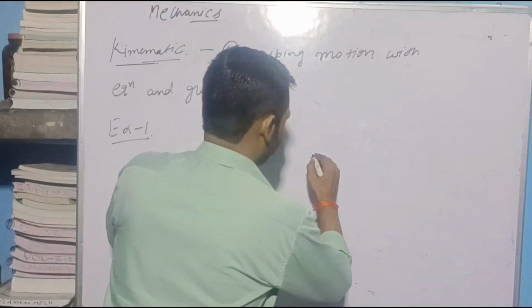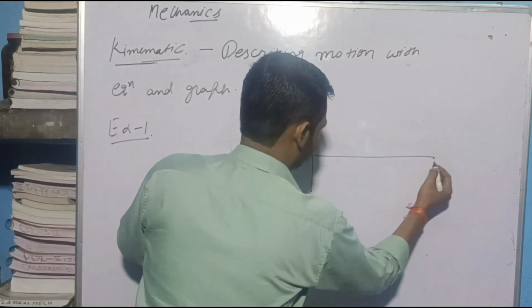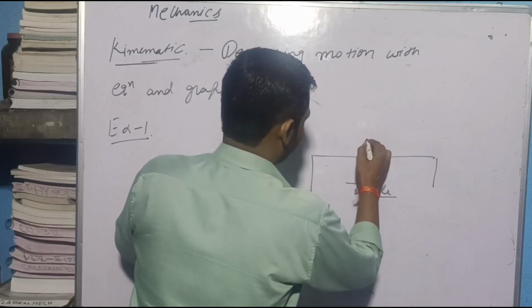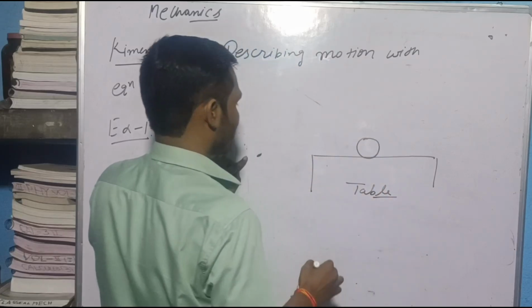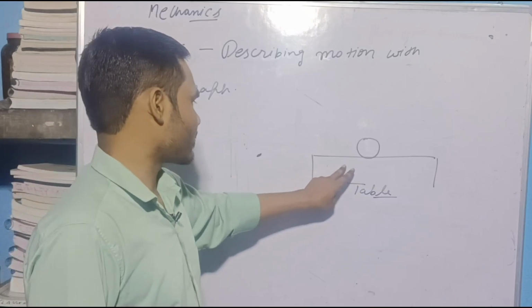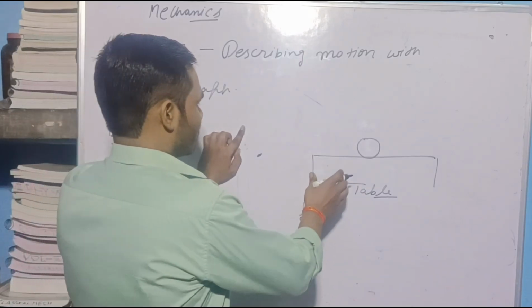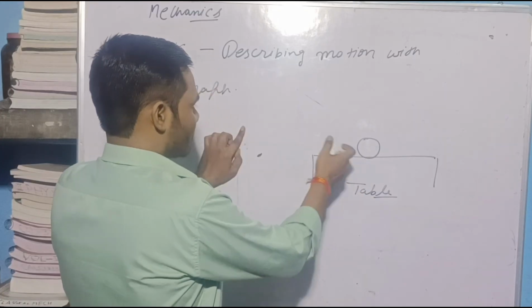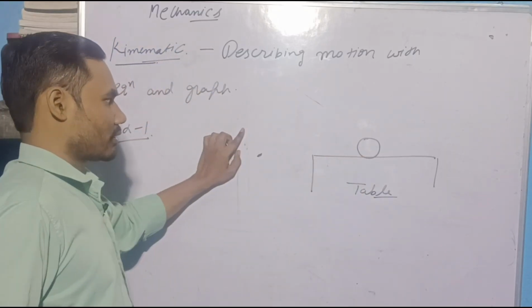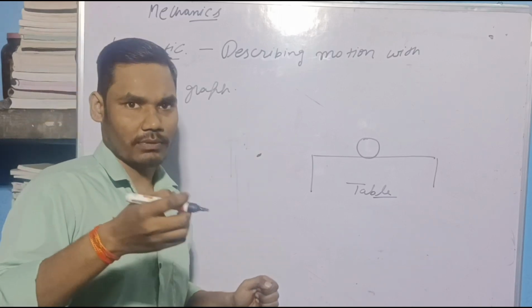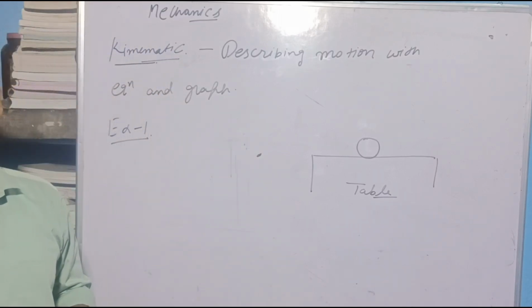So there is a table I have, and on this table there is a ball. This ball is placed at some distance from this point. So if you have to measure the position of this ball, we have to take some other things as reference.